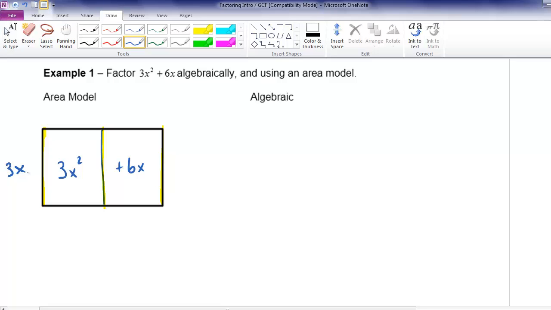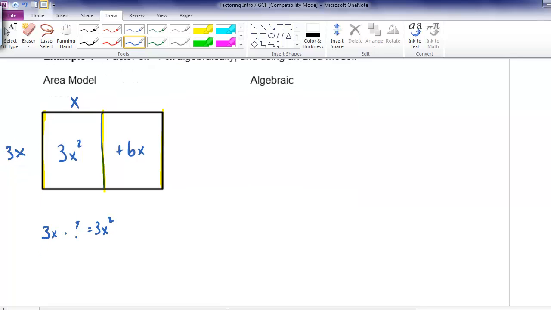In order to figure out the top dimensions, well, you really have to do 2 mini little problems. So really what this is saying is, you can think about it this way. 3x times something is equal to 3x squared. And if you can do that in your head, of course, it's going to be x. 3x times x is 3x squared.